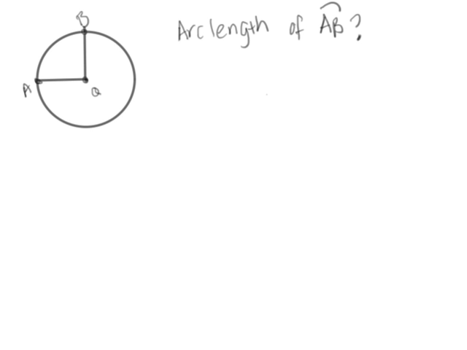Let's say I have this circle, circle Q, and I want to know the arc length of arc AB. So let's say they said find the arc length of arc AB.